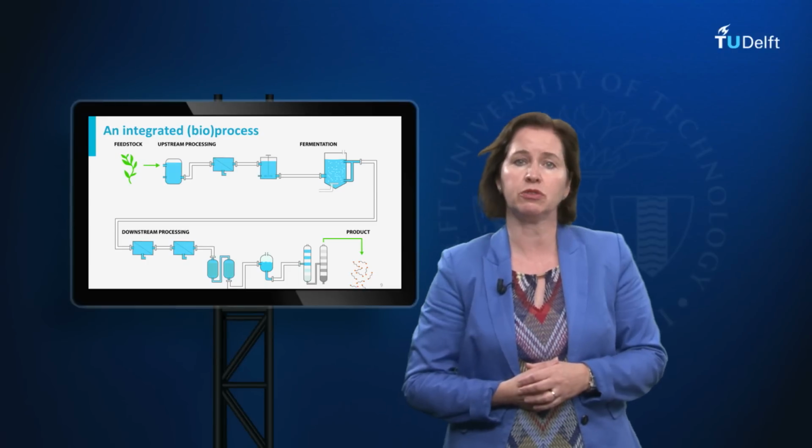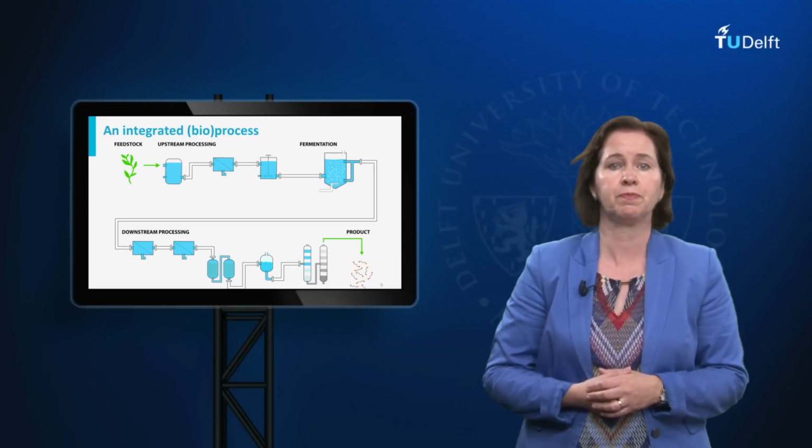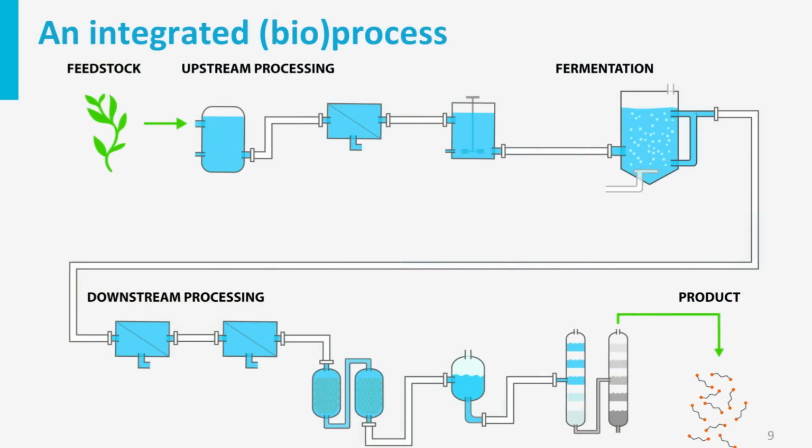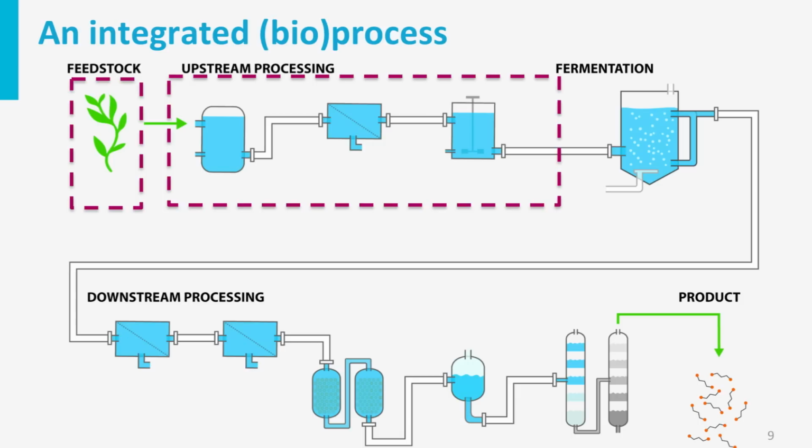Now looking into more detail at the PDO production case of this week. First, we have to start with a suitable source of sugars. In the case of second-generation biomass, this implies a pretreatment of the biomass source. The microorganisms will start converting the sugars in a process which is called fermentation. However, in the factory, still a lot of other things need to be done to obtain a pure product applicable for PTT production.